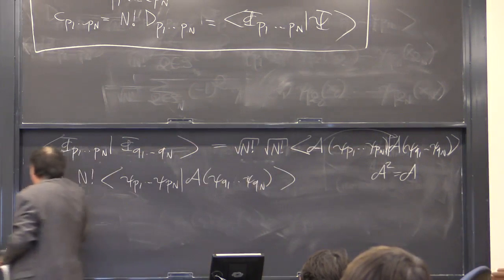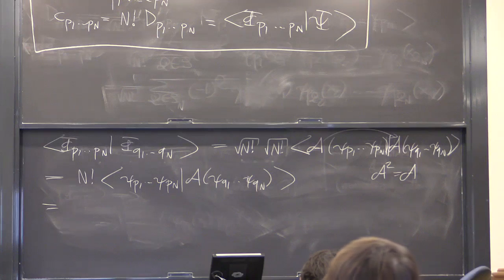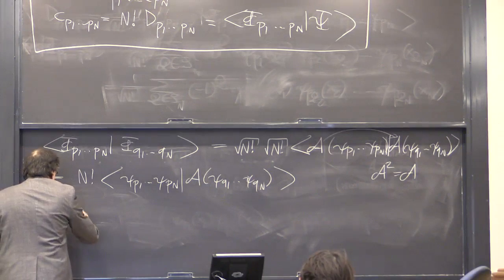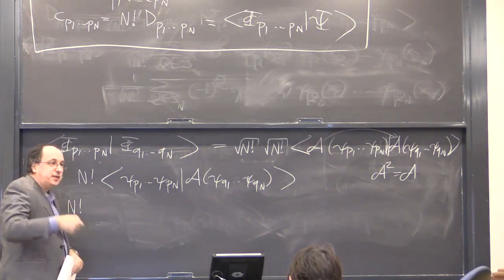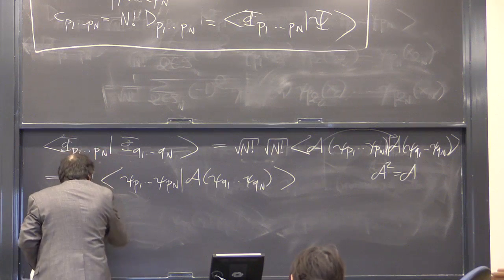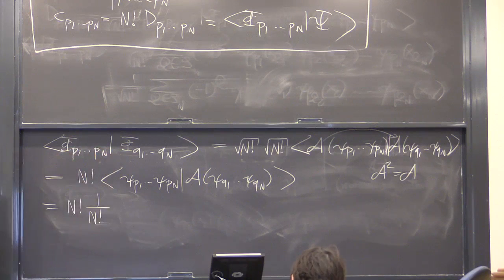Well, I guess at this point we have to spell it out to make further progress in our calculations. So we end up with n factorial. Now I'm going to use the definition of the anti-symmetrizer. You remember it had 1 over n factorial in front, right?